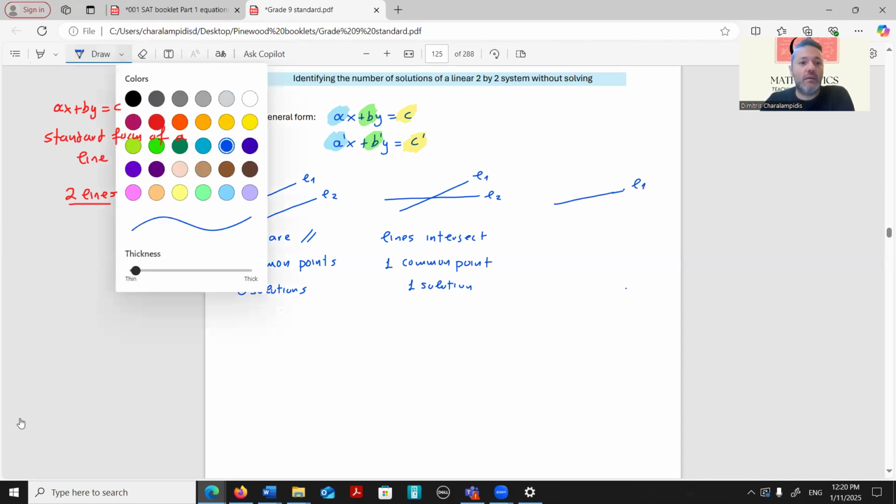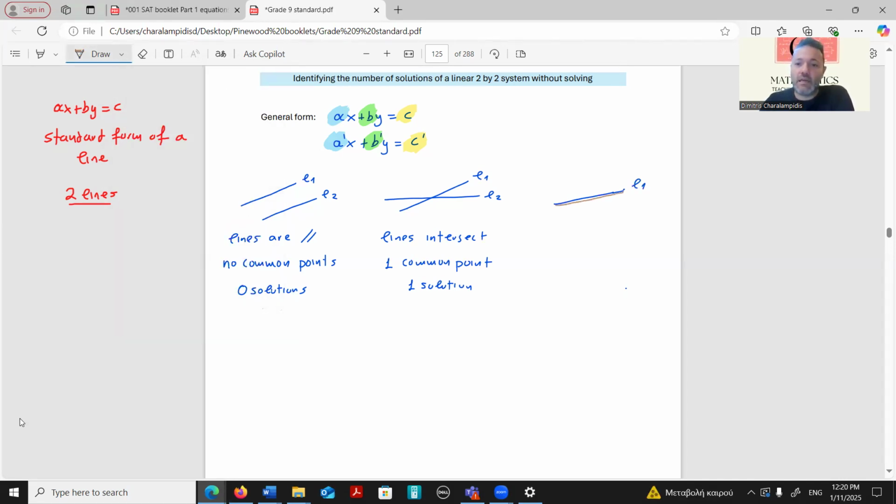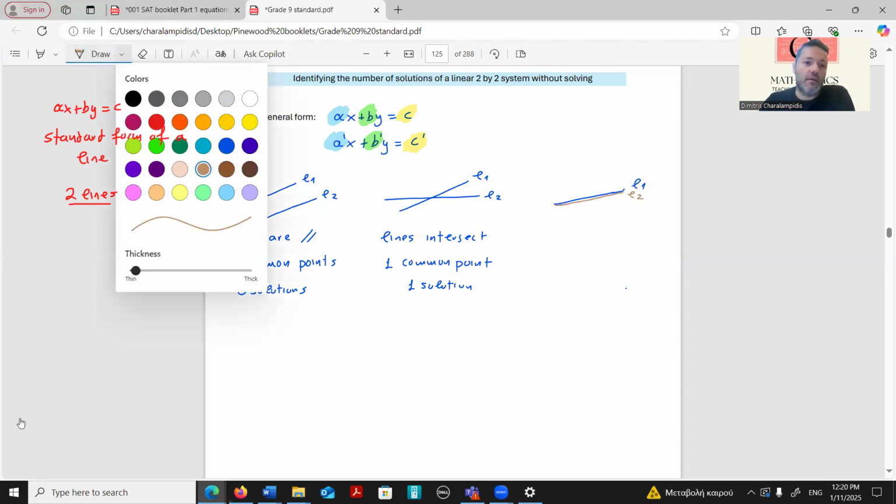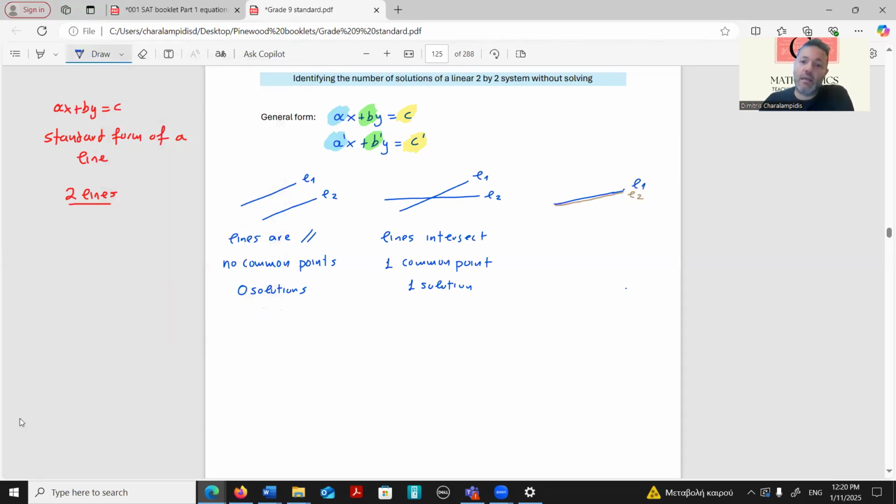And finally, we could have it like that. This is L1 and L2 is exactly on top of it. Here, we would say that the lines are identical.